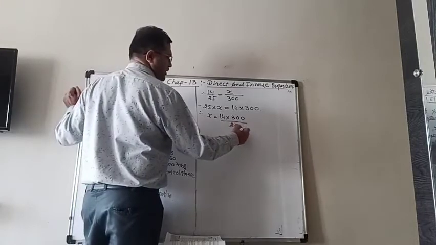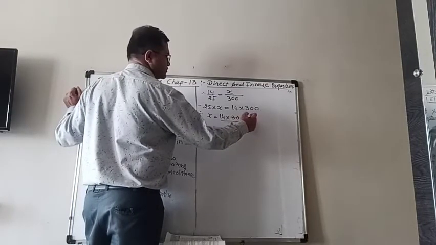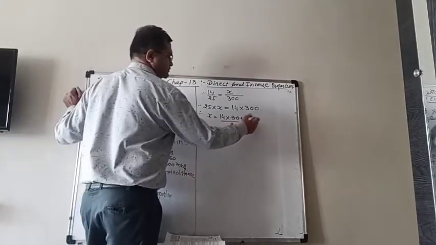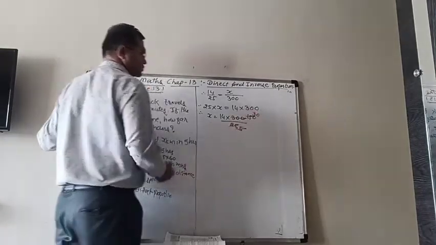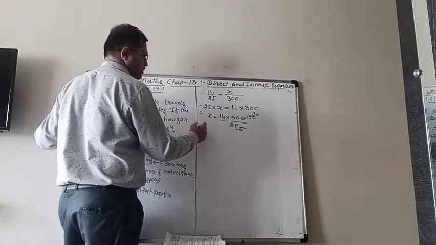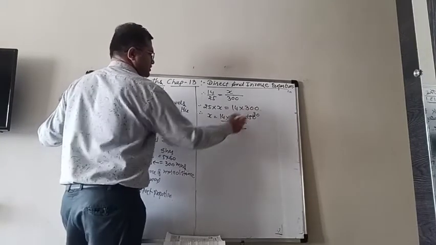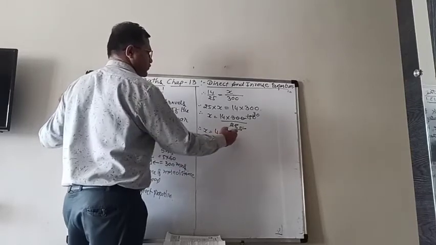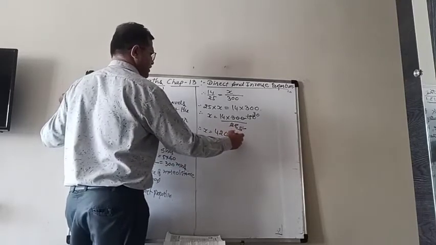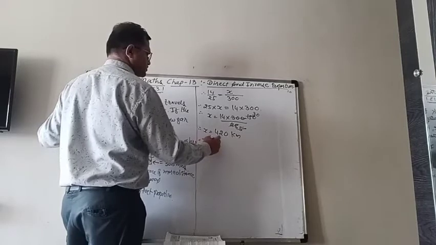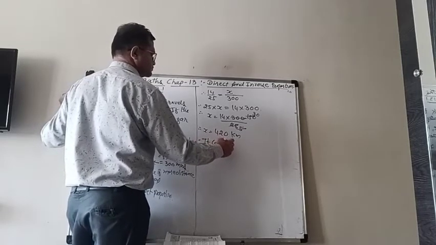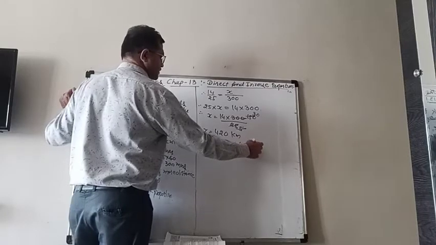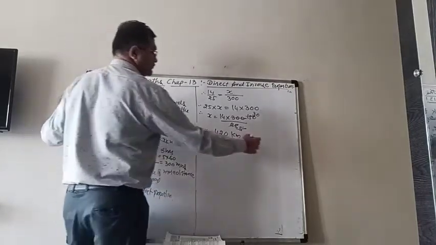Now 5 5s are 25, 15 2s are 300 and 5 3s are 15. Therefore x is equal to 14 3s are 42 and 0, 420. Therefore it can travel 420 kilometers in 5 hours.